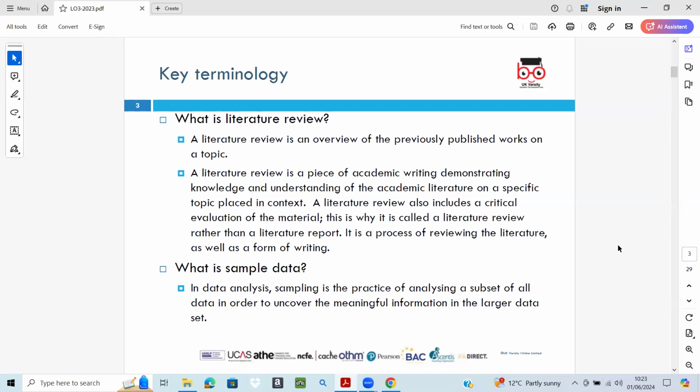Basically, a literature review is not just a simple summary or compilation. It involves understanding the context of the research, interpreting findings, and evaluating their implications. This makes it a critical component of any research project.